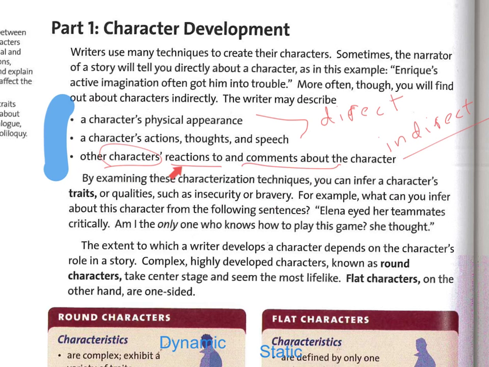So what do they do that shows you that they're brave? For example, what can you infer about this character from the following sentences? Elena eyed her teammates critically. "Am I the only one who knows how to play this game?" she thought.